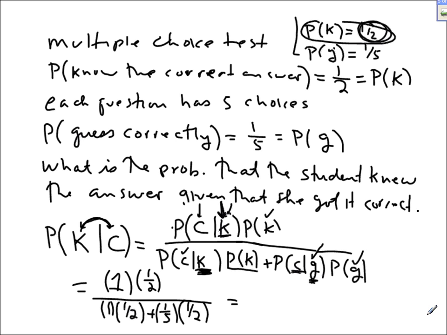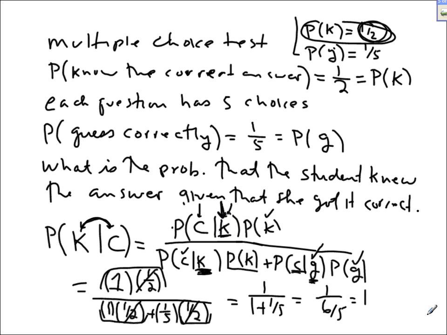Now, since every one of these 3 terms all have 1/2, and some are in the top and some are in the bottom, you could cancel them out. So basically, you have 1 over 1 plus 1/5. 1 plus 1/5 is 6/5.